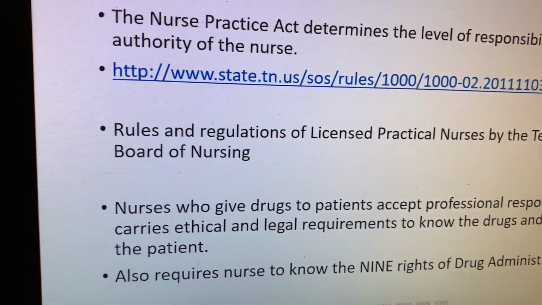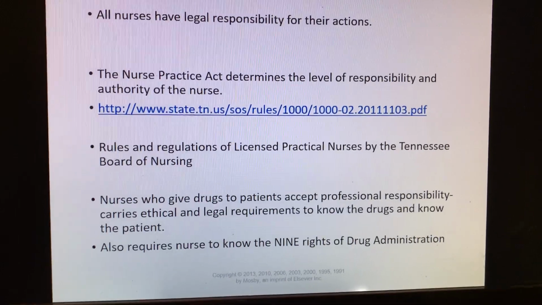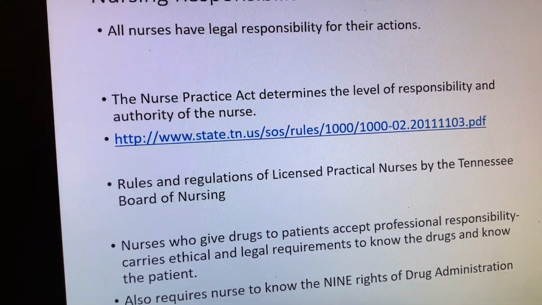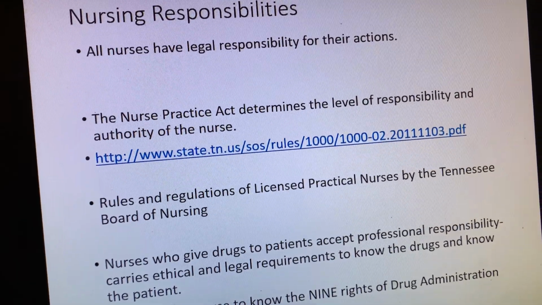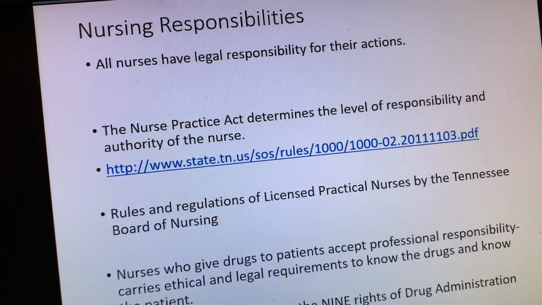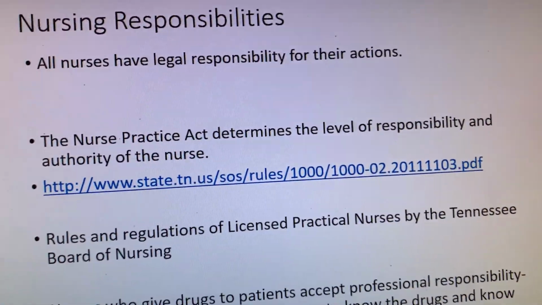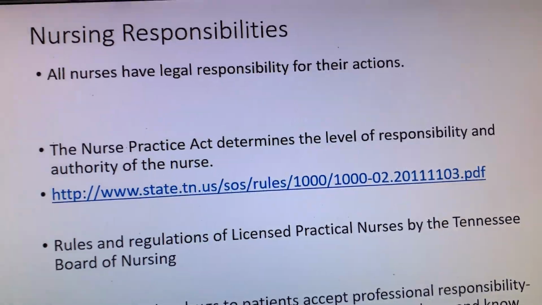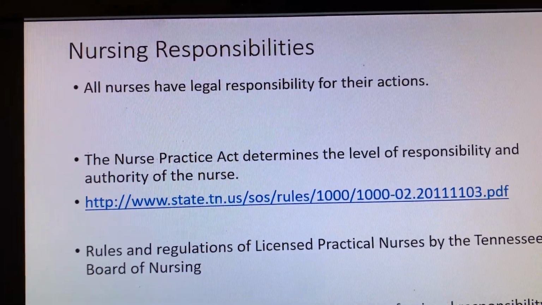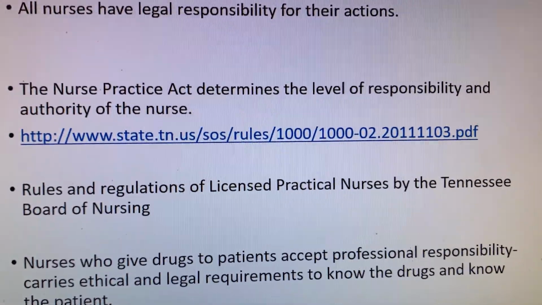The Nurse Practice Act tells the LPN that you can push medications, but you can't push thrombolytics, you can't push pediatric meds, you can't push any IV meds working with an antepartum patient who's pregnant, no prenatal meds. You can only push IV meds on adults weighing over 80 pounds. So some of these little bitty people in the nursing home, you wouldn't be able to.